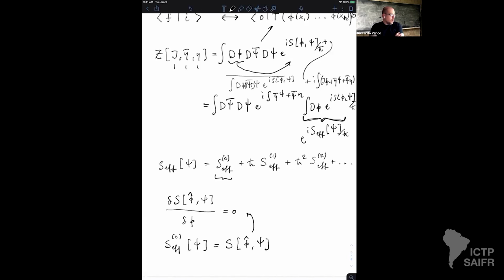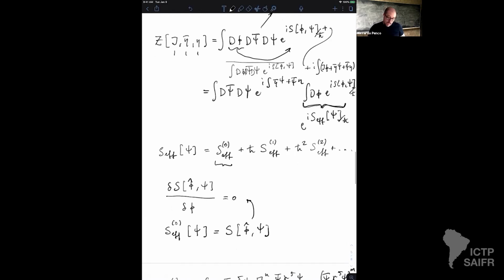And so in practice, as we will see in a moment, when we calculate loop diagrams in the effective theory using only the tree-level effective action, we'll find that we cannot reproduce the results of the full theory at one loop, but we will have to also choose appropriately the one loop part of the effective action. And so this expansion in h bar really matches, if you want, the expansion in loops in the Feynman diagrams.